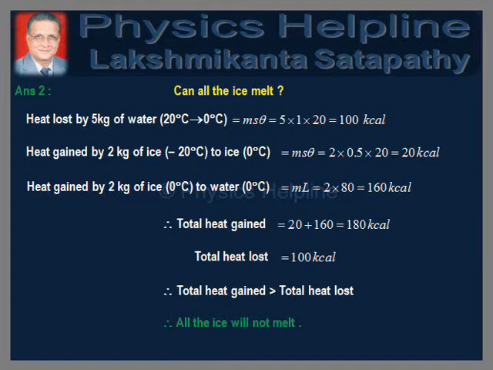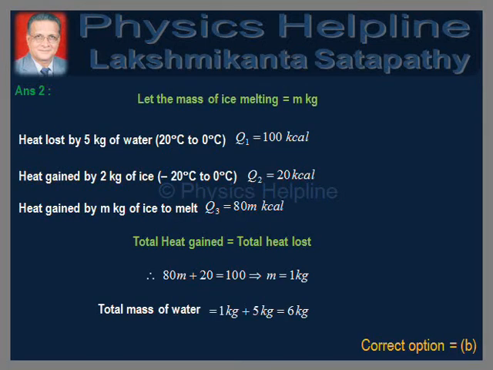And heat gained by 2 kg of ice to melt is equal to m L, which is equal to 160 kilocalories. Therefore, total heat gained is equal to 180 kilocalories and total heat lost is equal to 100 kilocalories. We observe that total heat gained is greater than the total heat lost.